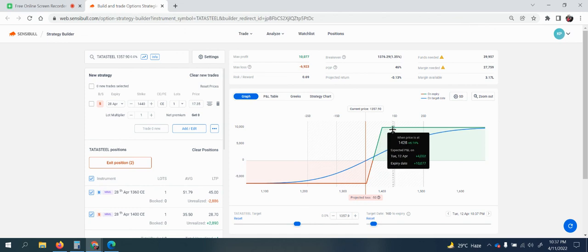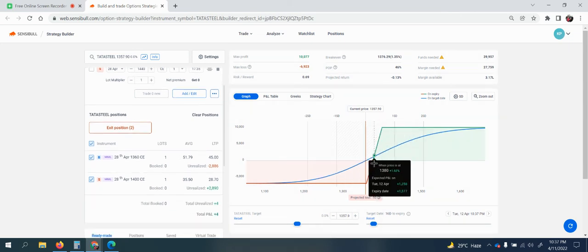You will end up getting almost 3,500 to 4,000. That would be almost 18 to 22% in a day. So that's the beauty of debit spreads, provided you have very good price action. You should be able to find the momentum of the market, and in case your view goes wrong, you need to have extra capital to reduce your loss.